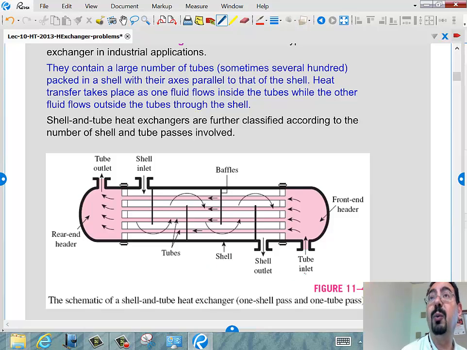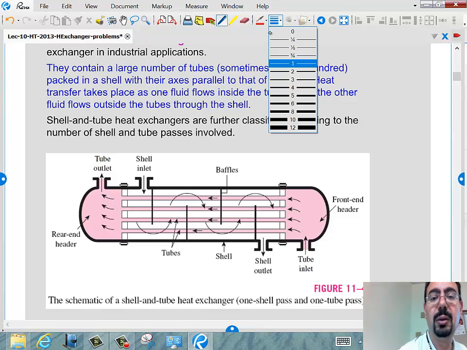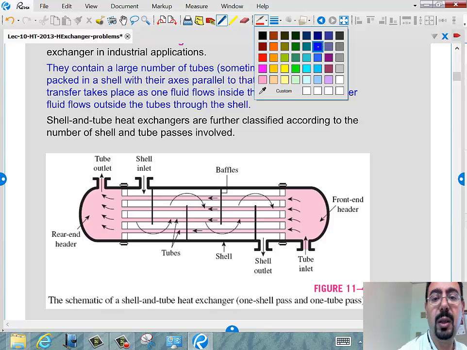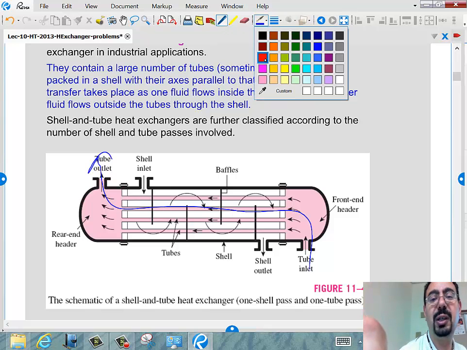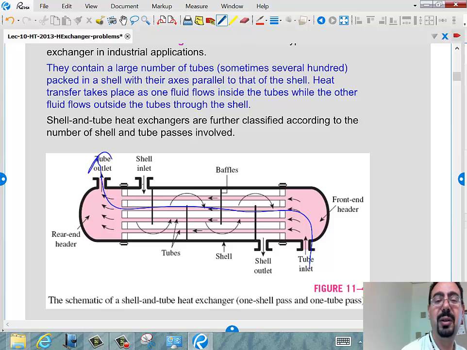The water that they are trying to heat, let's make it blue, is going in the tubes like this, while the steam that they are using to heat this water is going like this. So it's not totally pure counterflow, but it's almost like counterflow.